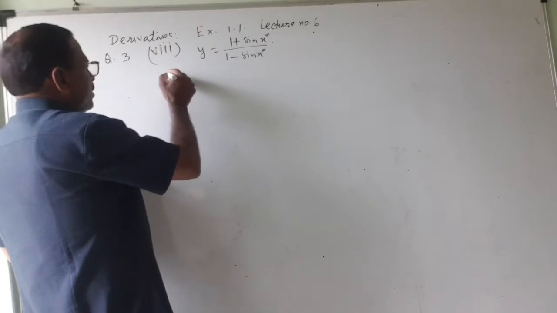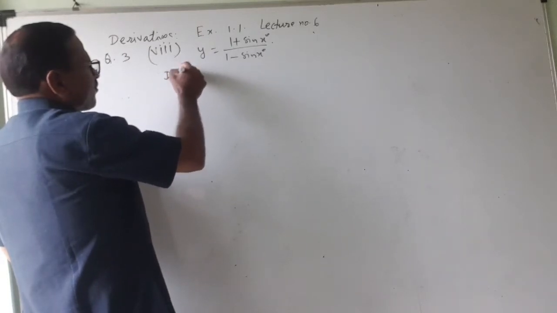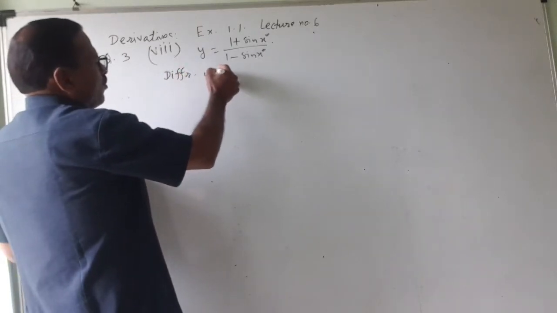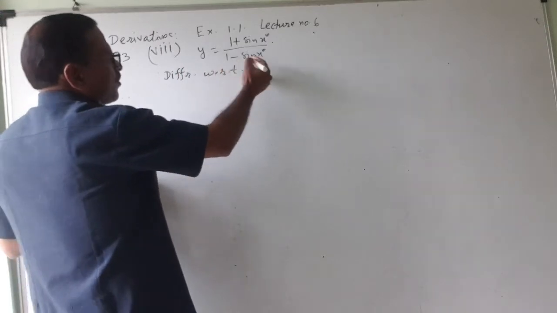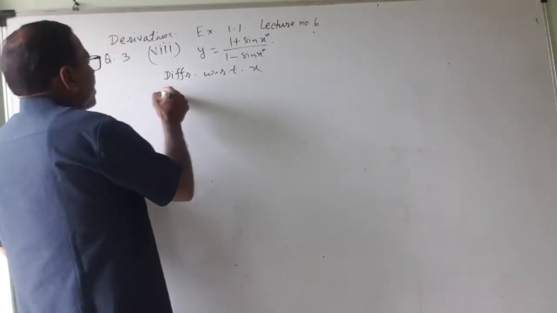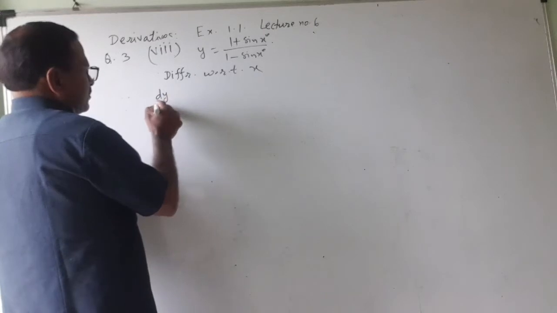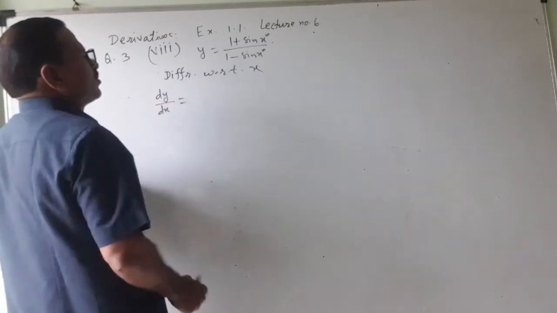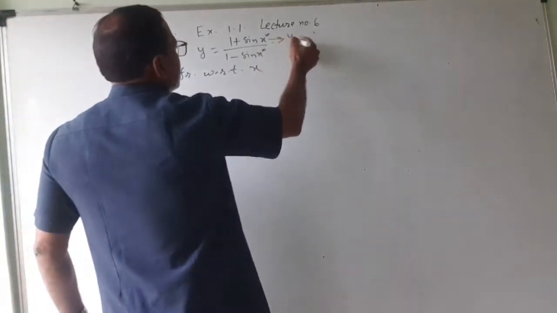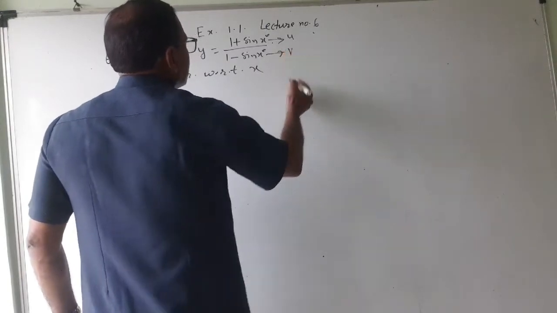So differentiating with respect to x, dy by dx is equal to, this is our u, this is our v.